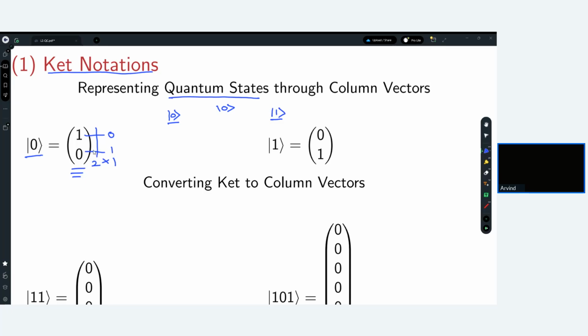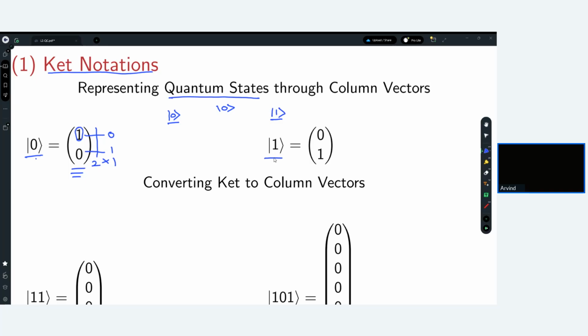And in order to denote the quantum state 0, we will write 1 at the 0th position and 0 at the 1st position. Similarly, the quantum bit 1 represents the quantum state 1, and we will read it as Ket 1.